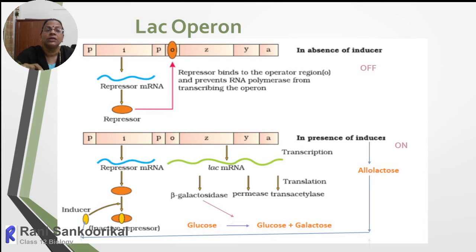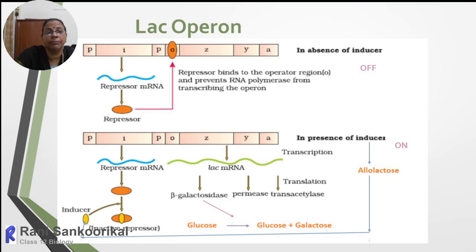So the RNA polymerase cannot bind with the promoter, and the transcription of the structural genes will not take place. The Z region, Y region, and A region will not be transcribed.